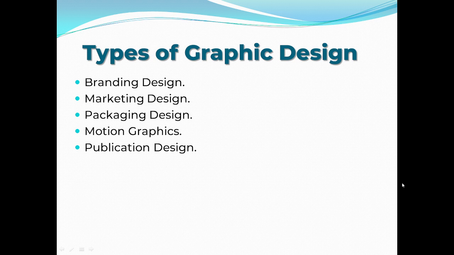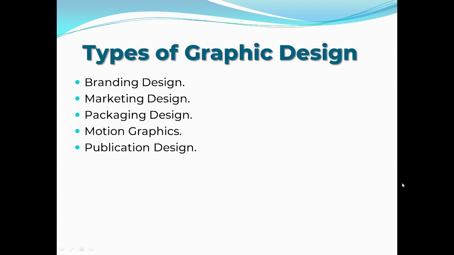So marketing design is making people know about, for example, Milo. You are doing a design to make people know that Milo is available for so much, and this is what Milo does for the body. You're trying to communicate, make people know about the product, make people know about the brand. The sole aim of marketing design is to have more customers, more people who will patronize your brand or your service. The main aim of branding design is to make people know more about your brand.